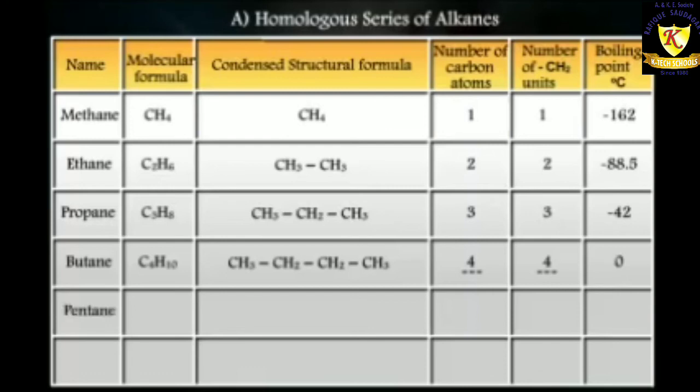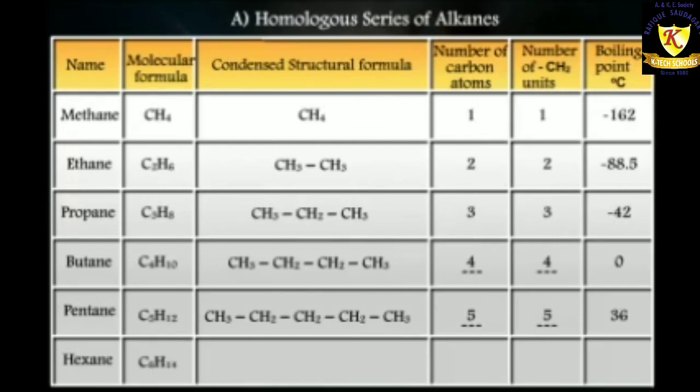Next pentane, C5H12. Condensed structural formula is CH3CH2CH2CH2CH3. Number of carbon atoms 5 and number of CH2 units 5 with a boiling point 36.